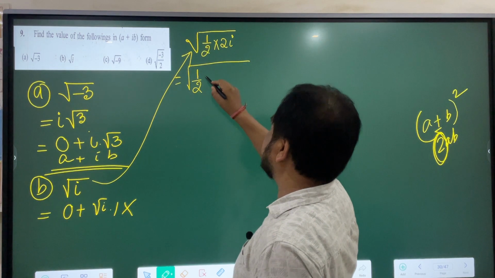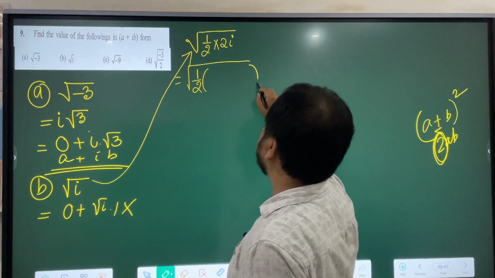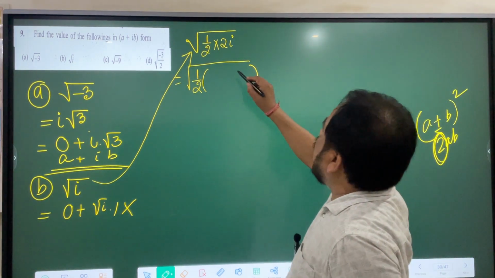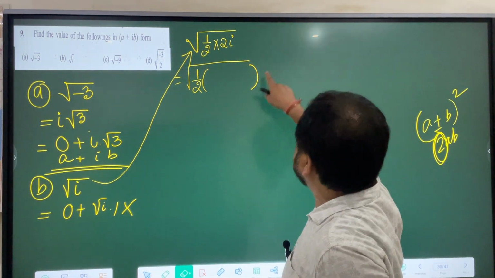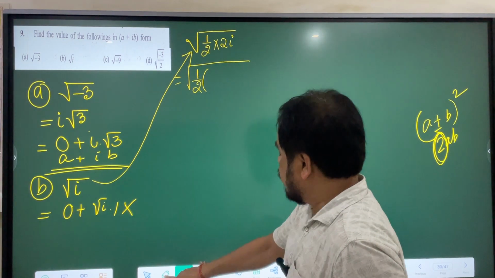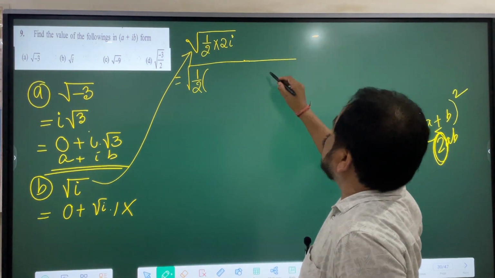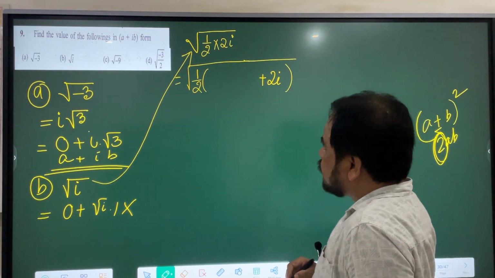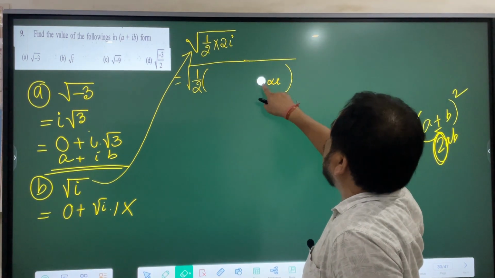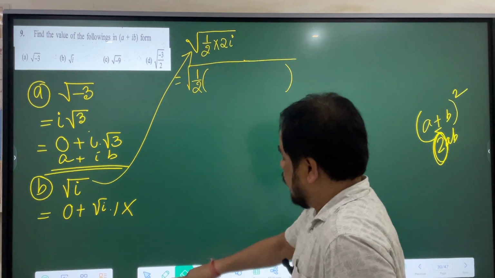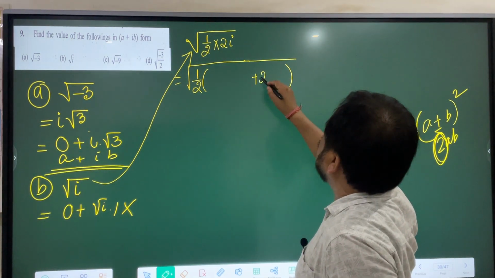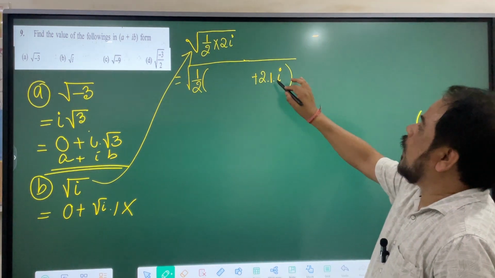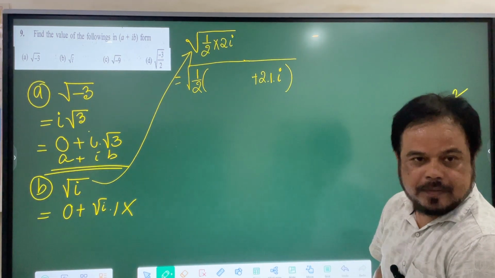But this 2i, we will do something to get a whole square. This 2i, let me make it a little bigger so that you can understand. Let us write 2 into 1 into i. Calculation is same: 2 into 1 is 2, 2 into i is 2i.